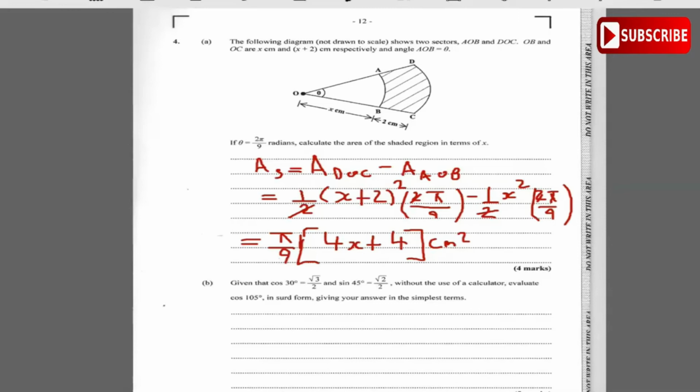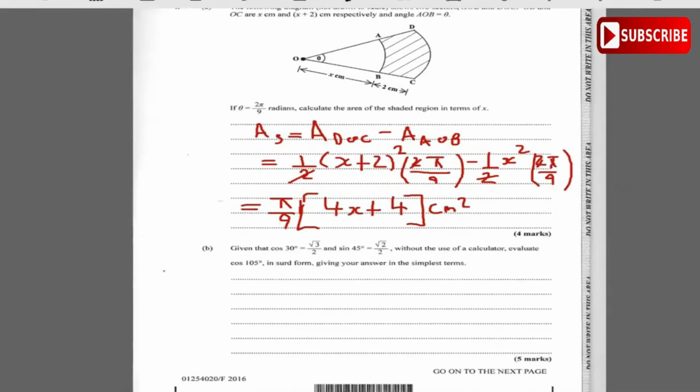Part B says, given that cos of 30 is root 3 over 2 and the sine of 45 is root 2 over 2, evaluate the cosine of 105 degrees. Now, they give us 30 and they give us 45, but they don't give us the important one, which is 60.